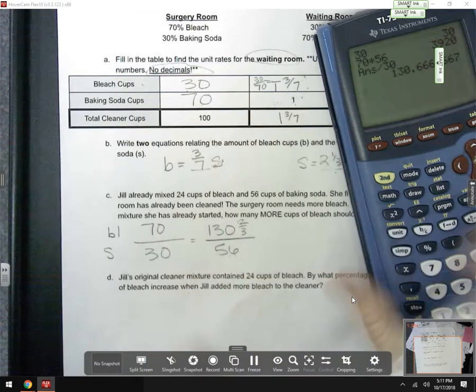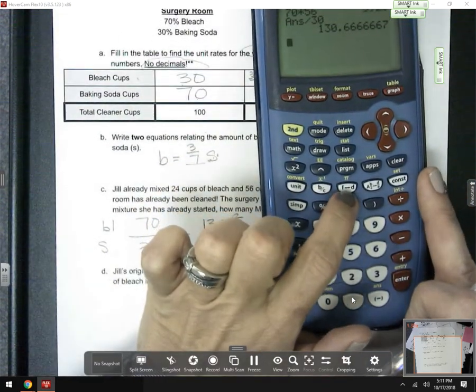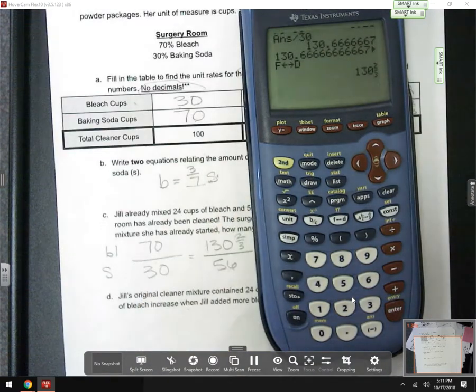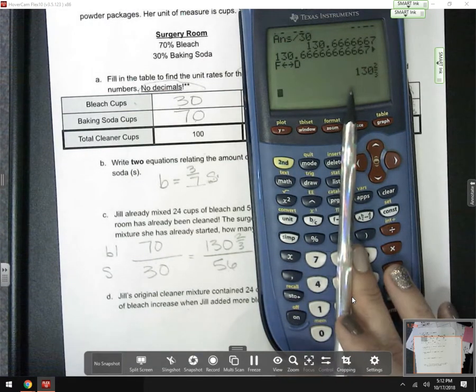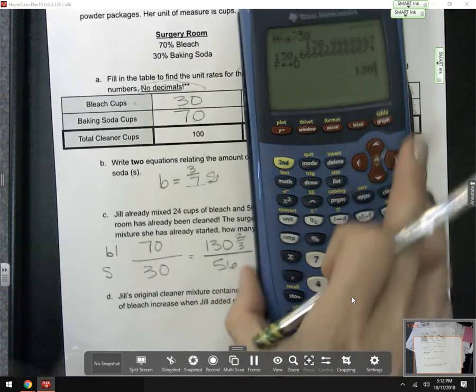If I don't know for sure that it's 2/3, what I can do is I can go from my decimal to my fraction, and it'll do that 2/3 for me. Again, that was the decimal to fraction button. So if you do your dividing and you get a decimal, but the question asks for you to put it in fraction form, just convert.